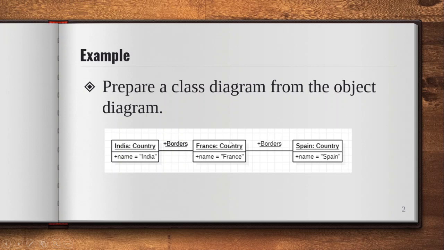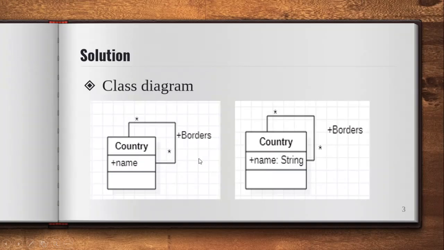Now our task is to convert this object diagram into the class diagram. Based on this knowledge we have understood that there is one class, the country class, and the country class has the attribute name. Here you can see the solution.